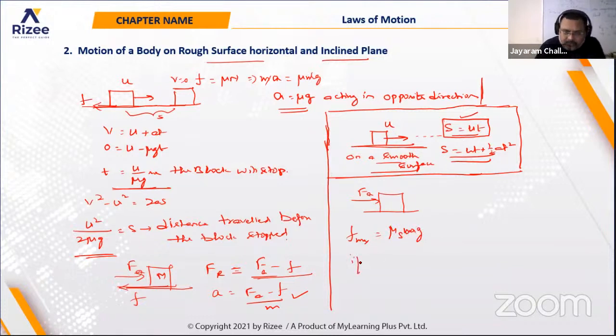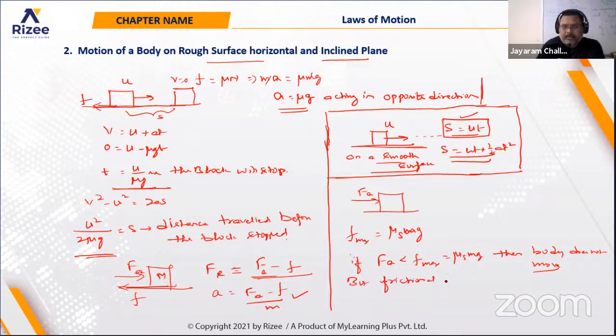So if the applied force is less than the maximum static frictional force, which is equal to mu s into mg, then the body does not move, but the frictional force is equal to the applied force.